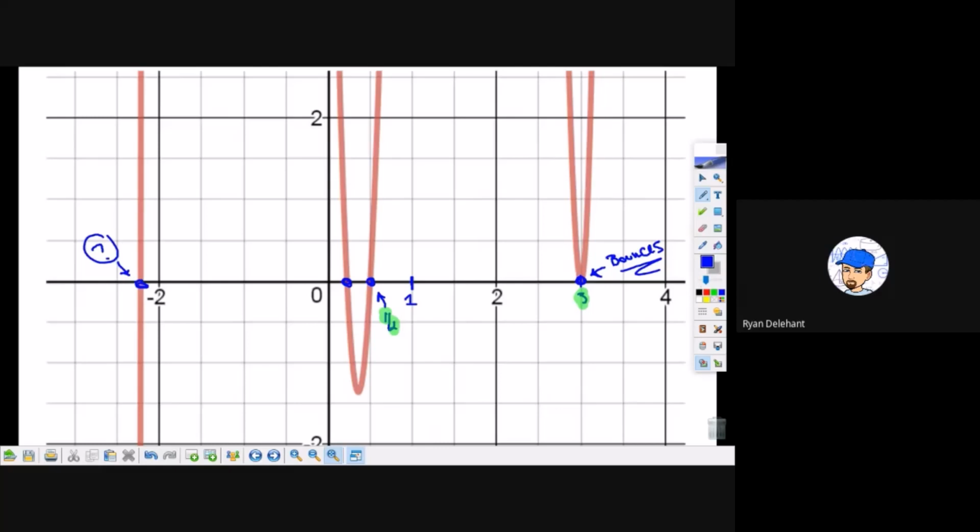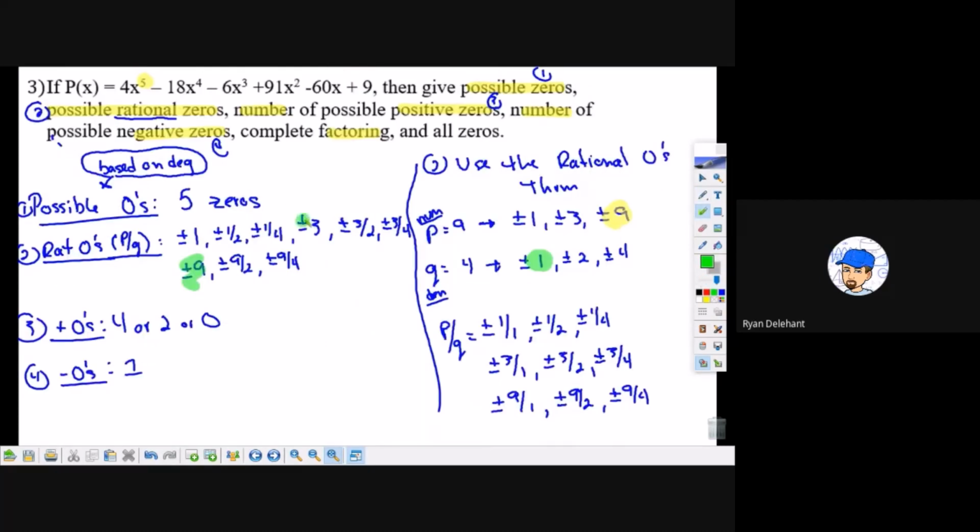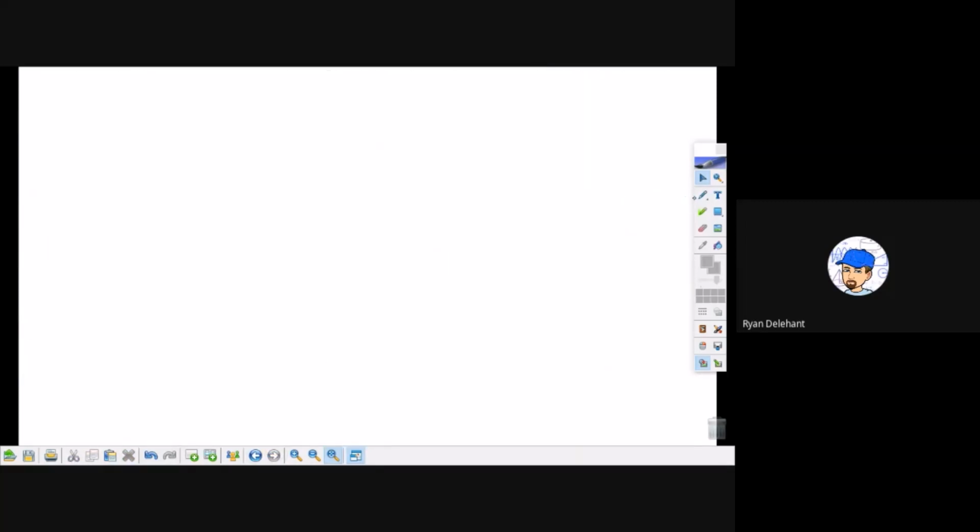So let's start our synthetic division and actually factor this thing, okay? Because what we saw by looking at the graph and all these tools, it looks like this +3 is a good place to start. It also looks like this +1/2 is another good place to start. So let's start with those and do our division. So 4, -18, -6.